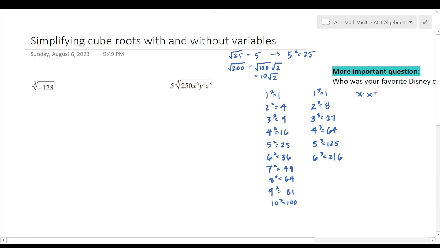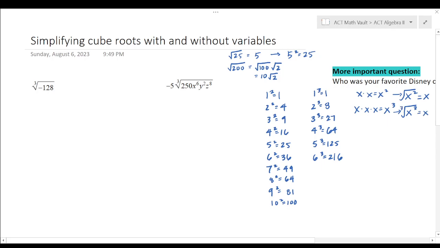x times x is x squared, therefore x squared square rooted is x. If I did that with x cubed, x times x times x is x cubed, therefore if I took x cubed and cube rooted it, I would get back to x.